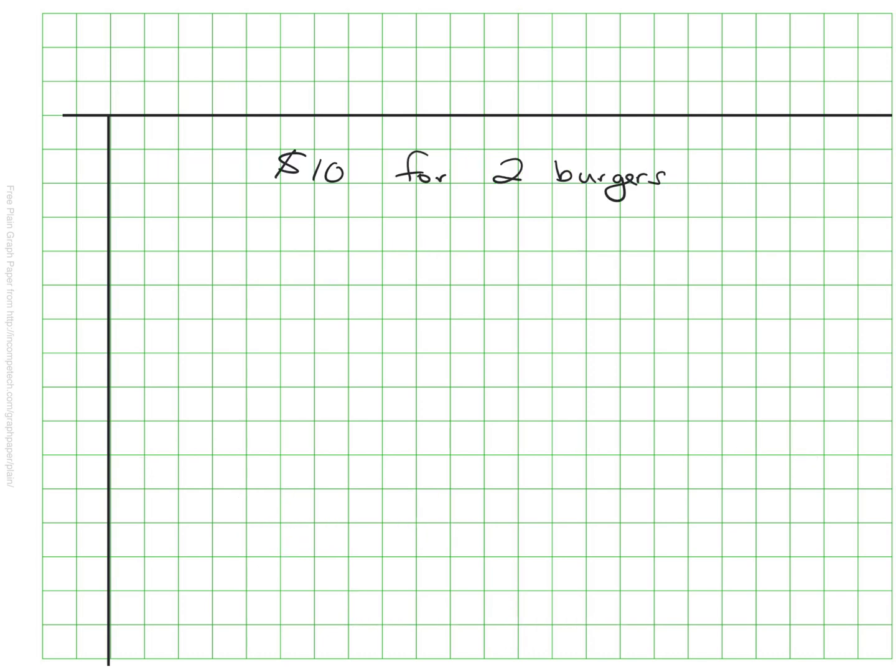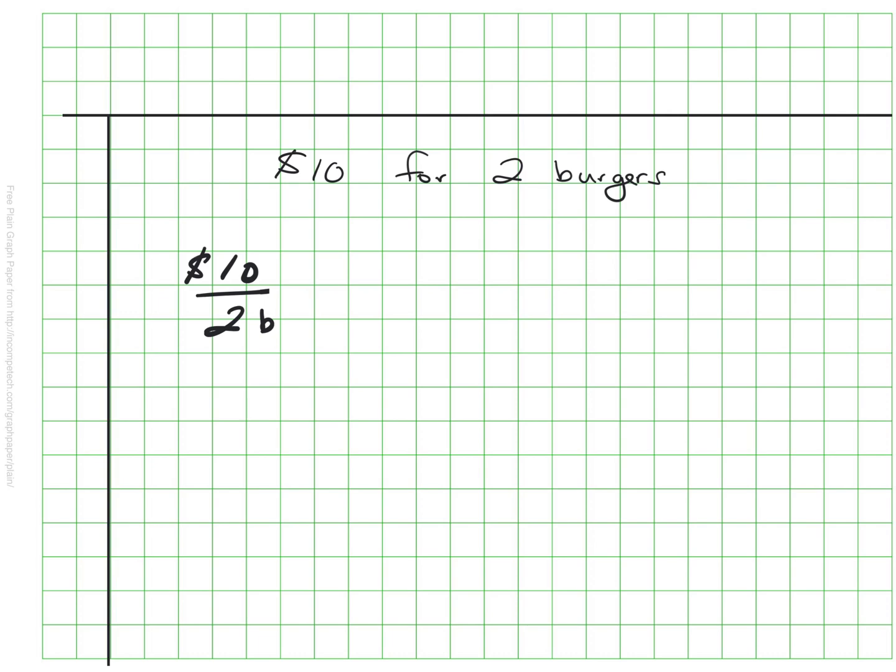If someone tells you that you can get 2 burgers for $10, or it's $10 to buy 2 burgers, they're telling you a ratio, right? The two quantities, the price for the number of burgers. And I can write that ratio in fraction form, right? $10 for 2 burgers. If I want the unit price, I'm going to look for the price for 1 burger.